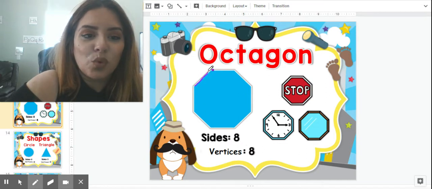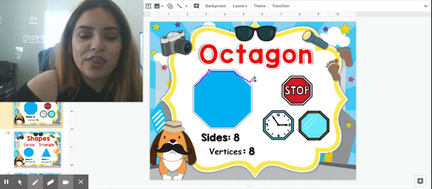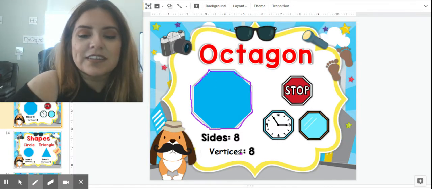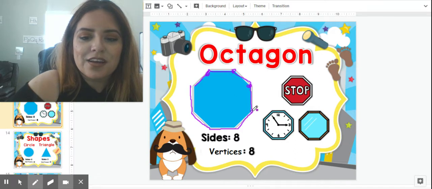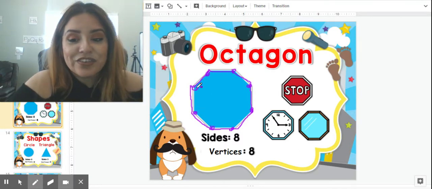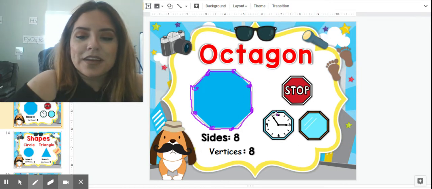It has 1, 2, 3, 4, 5, 6, 7, 8 sides, 8 straight lines, and 8 vertices. 1, 2, 3, 4, 5, 6, 7, and 8. 8 vertices. An example of an octagon in real life is the stop sign.